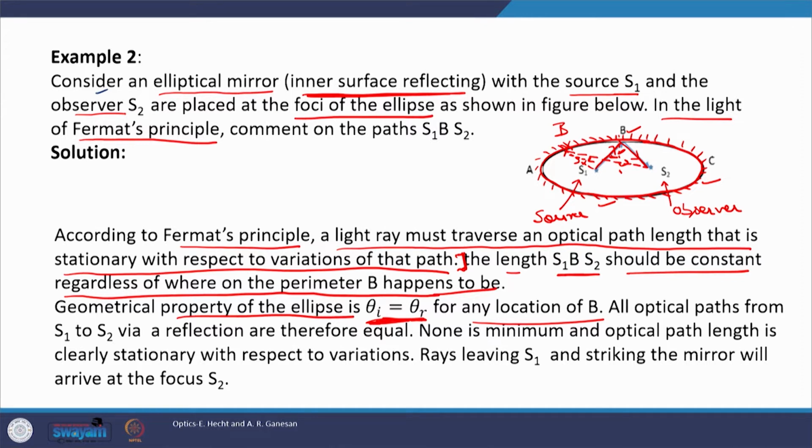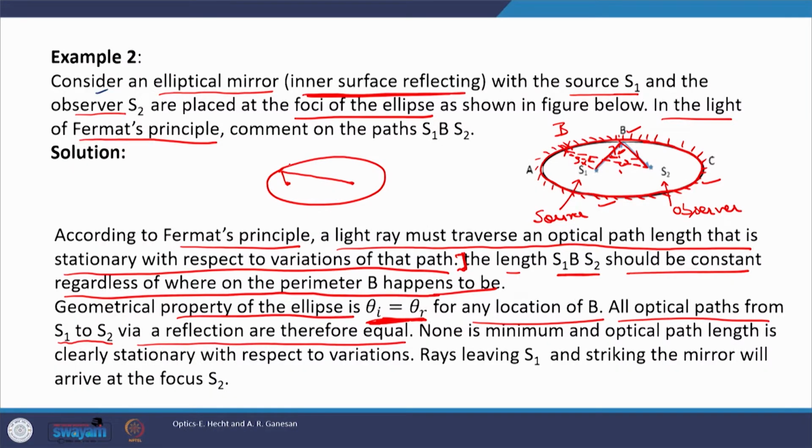All optical paths from S1 to S2 via a reflection are therefore equal. We know that in an ellipse, if you start from one focus, go to the perimeter and then come back to the other focus, this path would be the same.